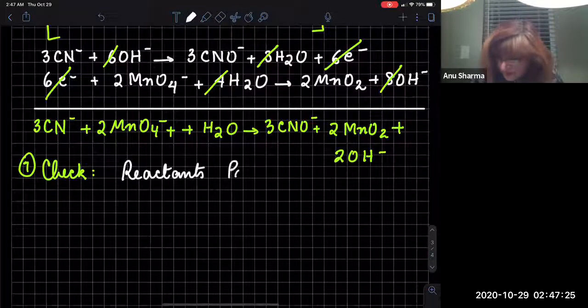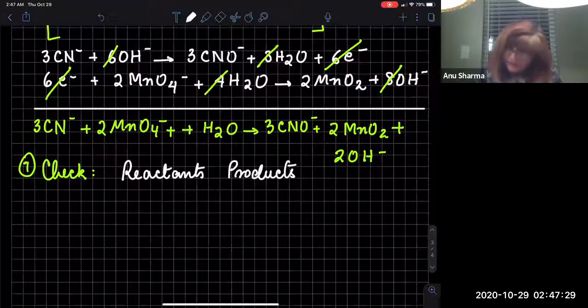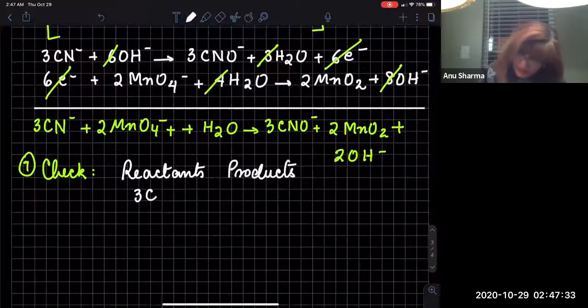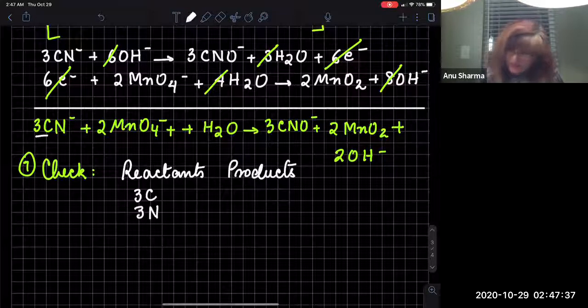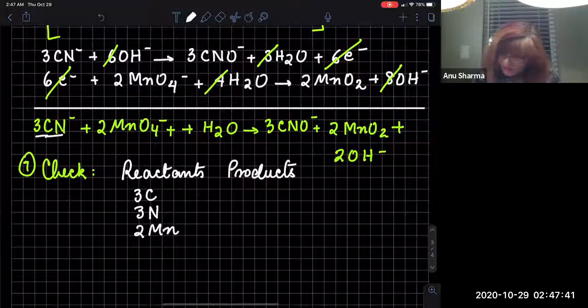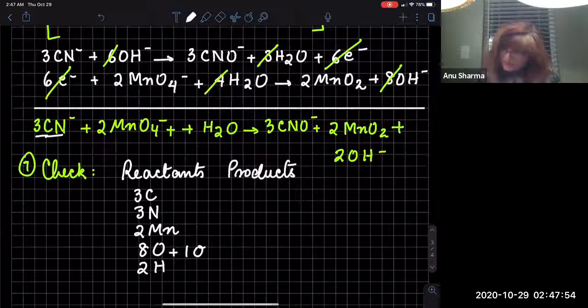So the reactants, look at it: 3 carbons, 3 nitrogens, 2 Mn. You have 8 oxygens, or rather, wait one second, 9 oxygens: 8 plus 1 more oxygen coming from the water. And then you have 2 hydrogens. Okay, this is one thing.